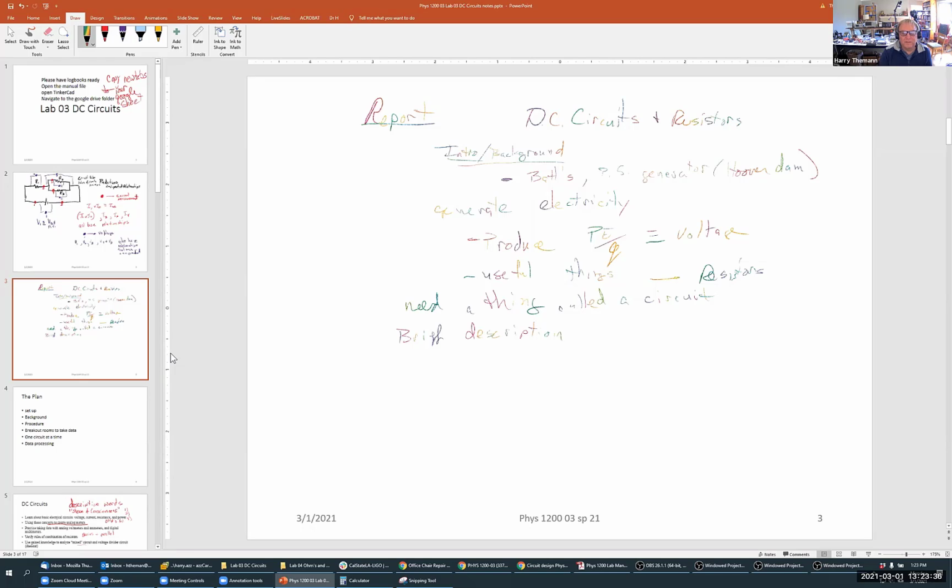We need a thing called a circuit, and the circuit is going to include the power supply or the battery, and it's going to include our resistive things, our resistors, and there's various types of circuits, various ways to connect them together. So we're going to present a brief description of circuit theory.